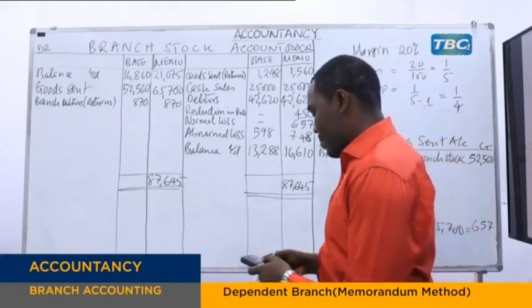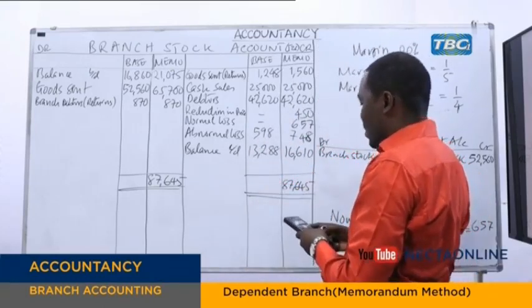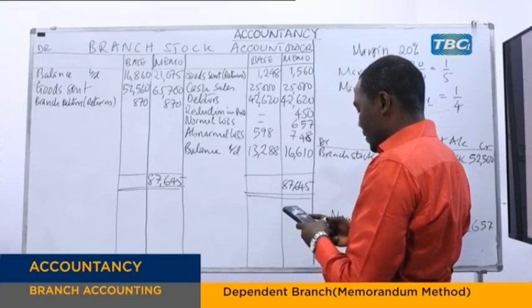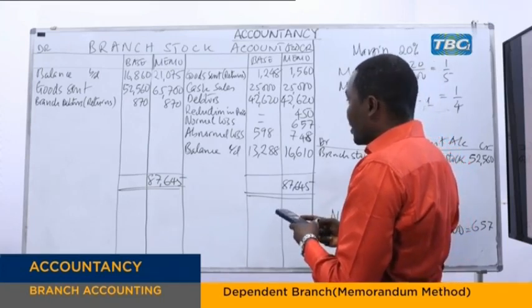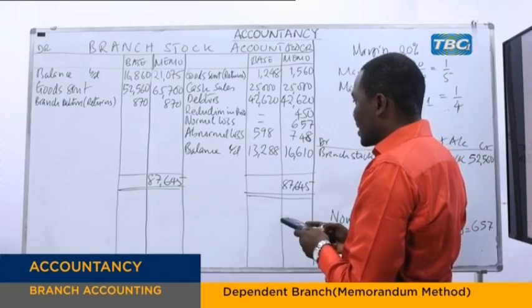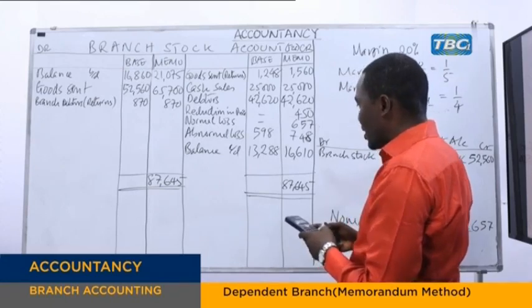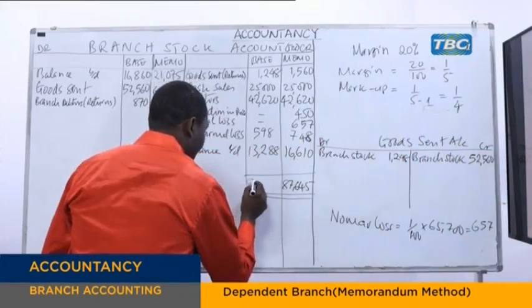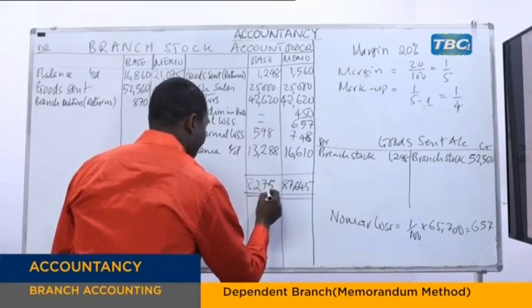We start adding the credit side: 1,248 plus 25,000 plus 42,620 plus 598 plus 13,288. We get a total of 82,754.